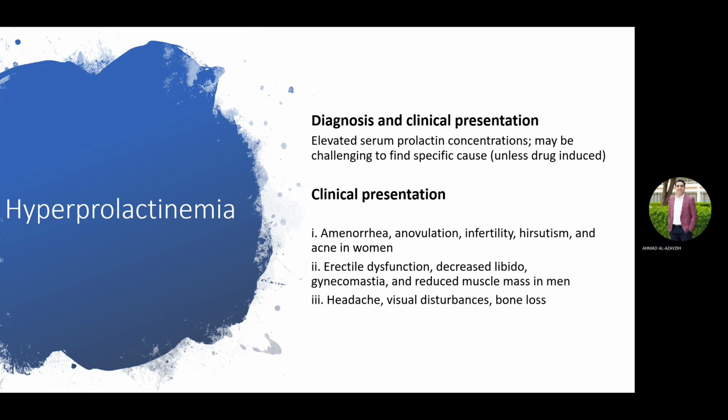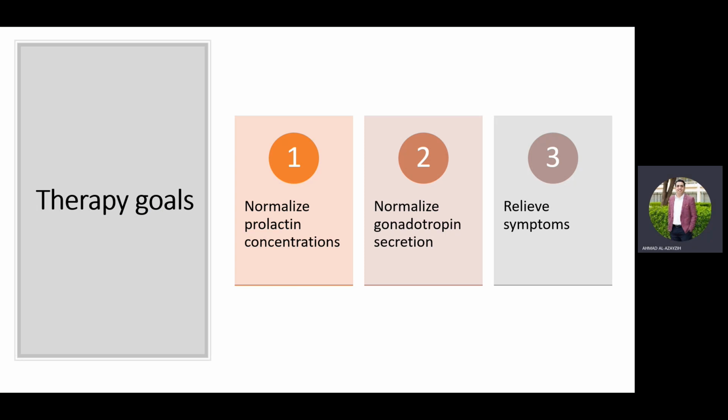Acne in women could also be one of the clinical presentations. In men: erectile dysfunction, decreased libido, gynecomastia, which is enlargement of the male breast, and reduced muscle mass. All these symptoms could be due to hyperprolactinemia. Among men: headache, visual disturbances, as well as bone loss.